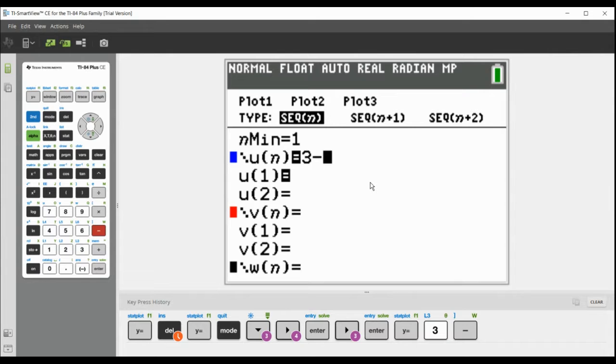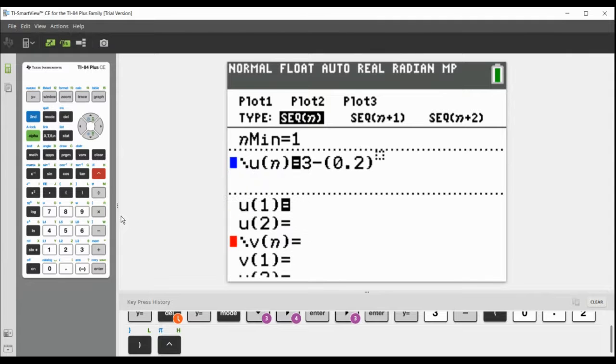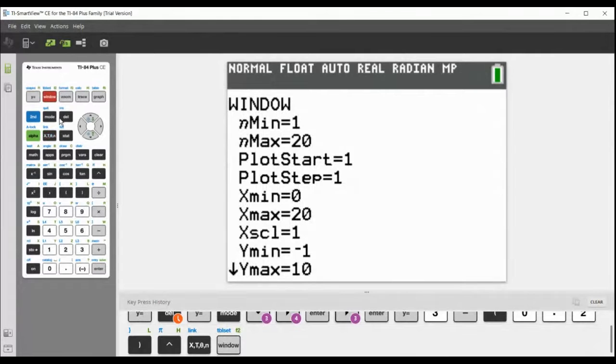And I'm going to type in my sequence here. Of course, I hit the X button, that puts it in n. And that's my sequence. Then I'm going to go to window. This sequence, I'm going to take out to 10 values, so n max is 10.